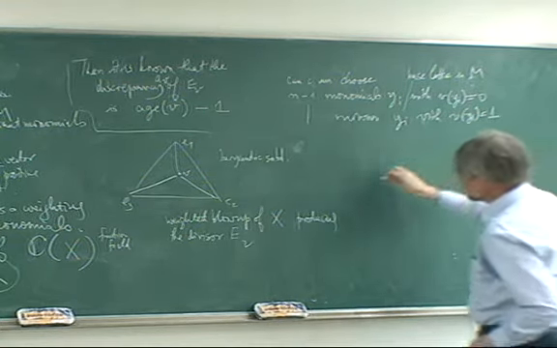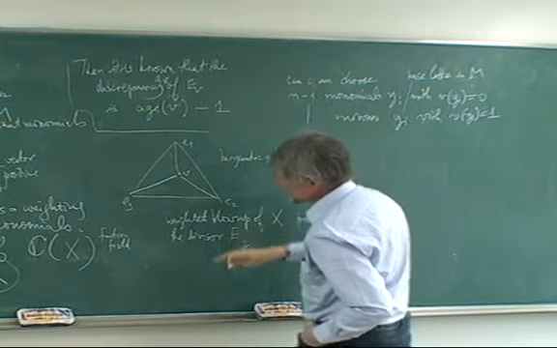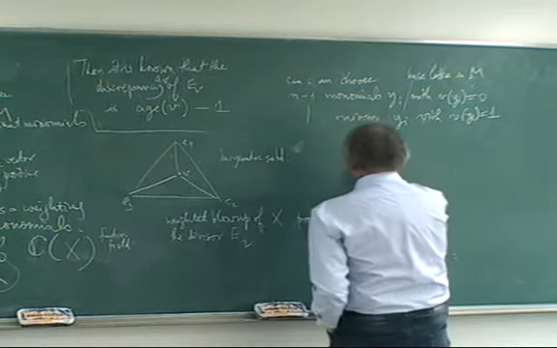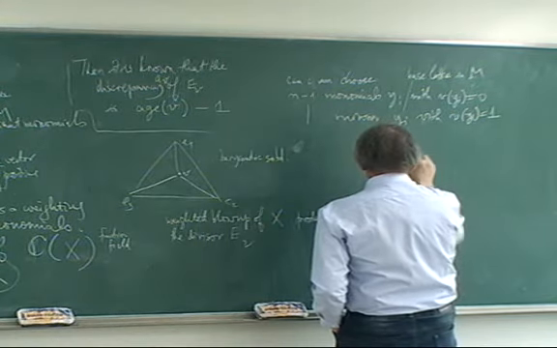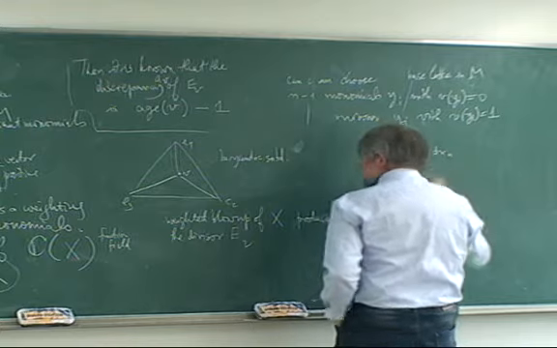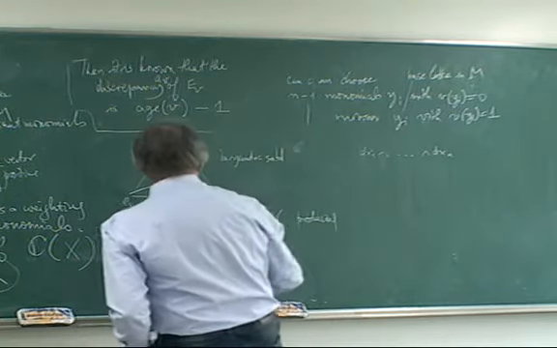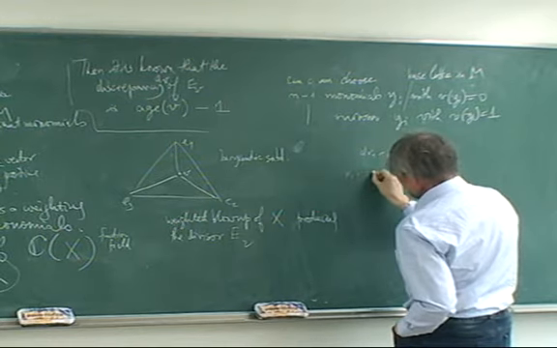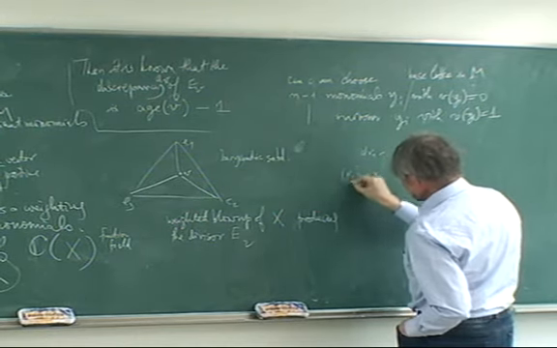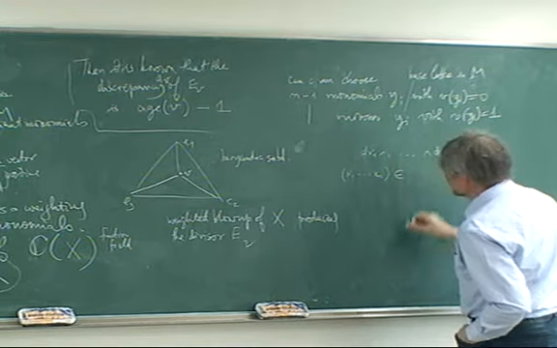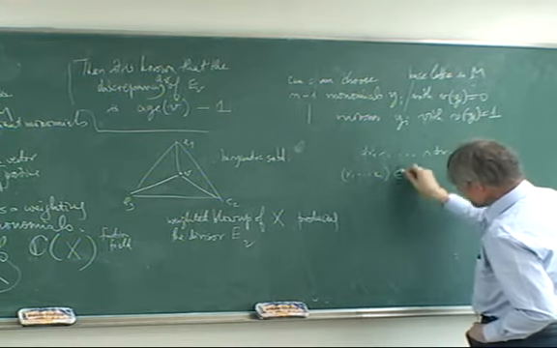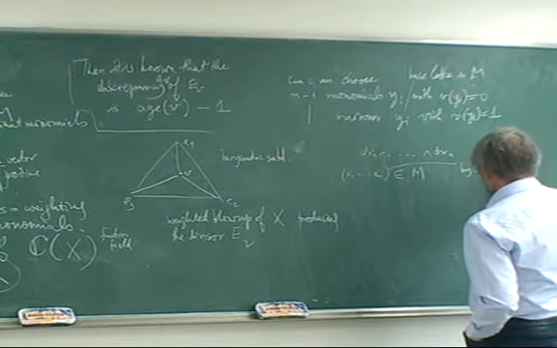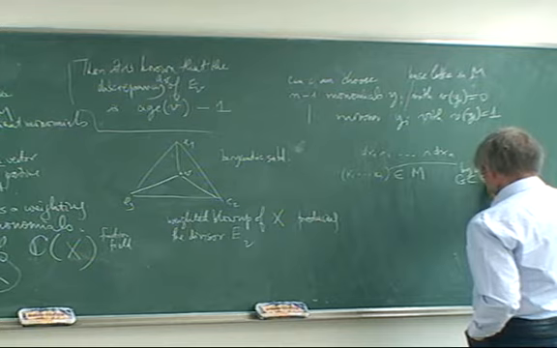Right? And now when I do this calculation, dx_1 wedge ... wedge dx_n, I have the monomial x_1 up to x_n. This is in M, an invariant monomial by the condition that G is in SL.